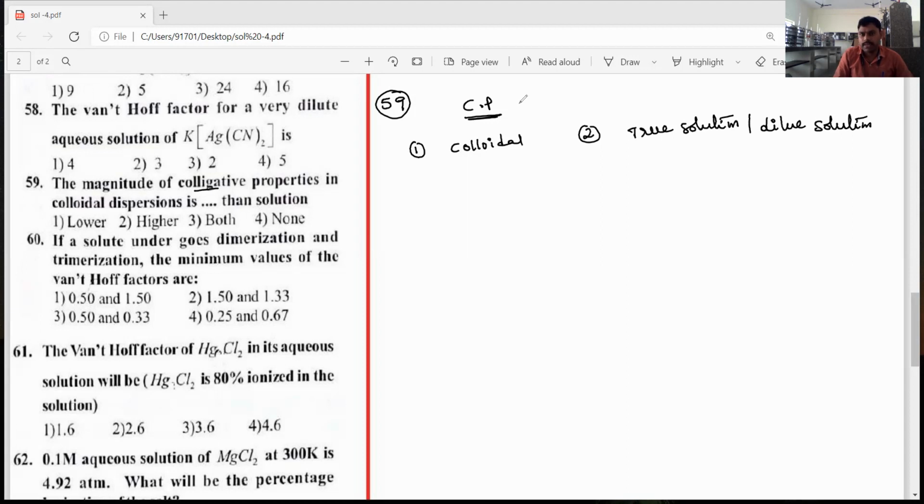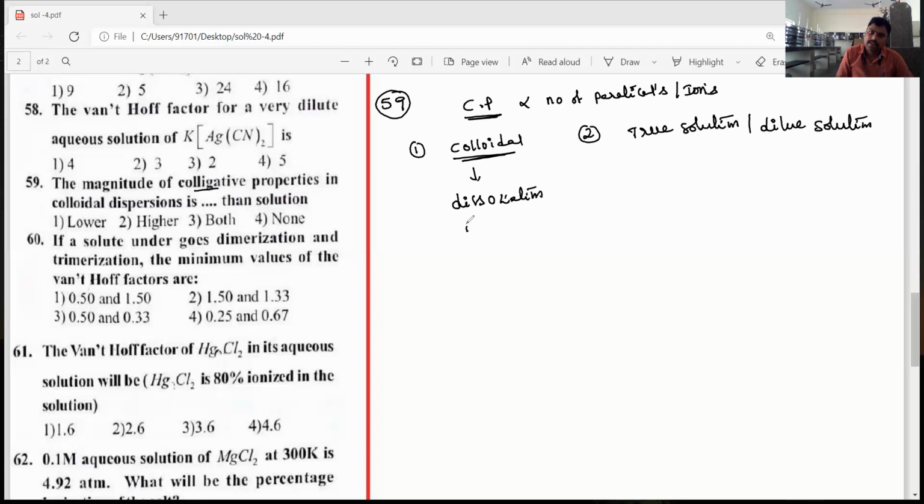The colligative properties, we always know, are directly proportional to the number of particles or ions in aqueous solutions. So in colloidal solutions, dissociation is less.